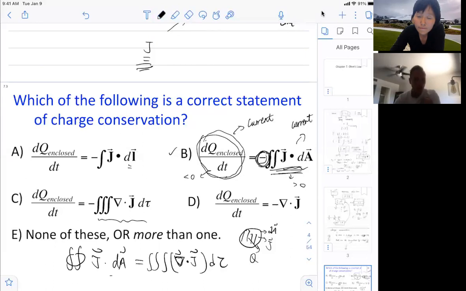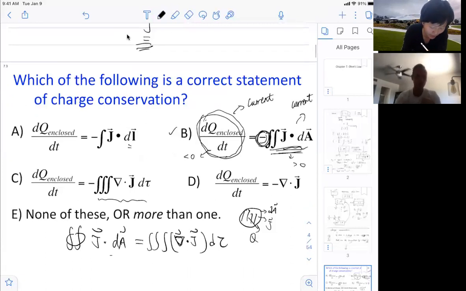Yeah, because of, well, I was going to say yes because of the divergence theorem, but that's not the divergence theorem. It is, you're right. This is the divergence theorem.